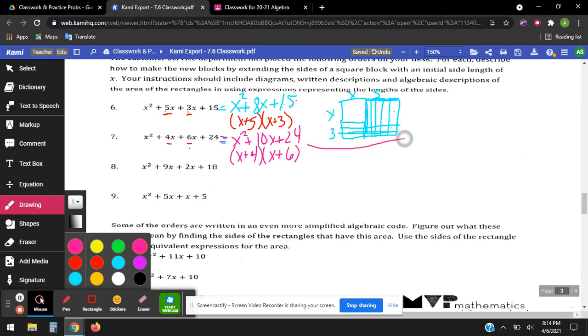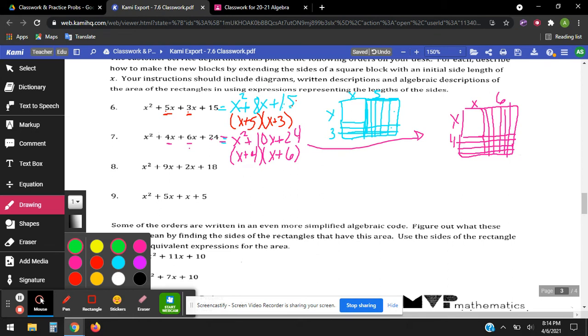So this one we're going to put over here. I need to have an x plus 6 and an x plus 4. We'll do 6 on the side. There we go. X plus 4, x plus 6. We have now shown that those work together.